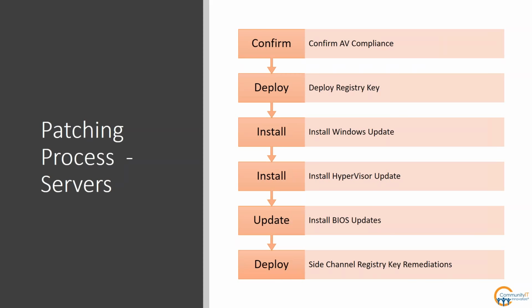On workstations, Microsoft enables the protections automatically in the operating system for Meltdown and Spectre. On servers, because there is a potential performance impact to these fixes, the mitigations are not enabled automatically in the operating system, and we have to instead set registry keys to enable those mitigations.